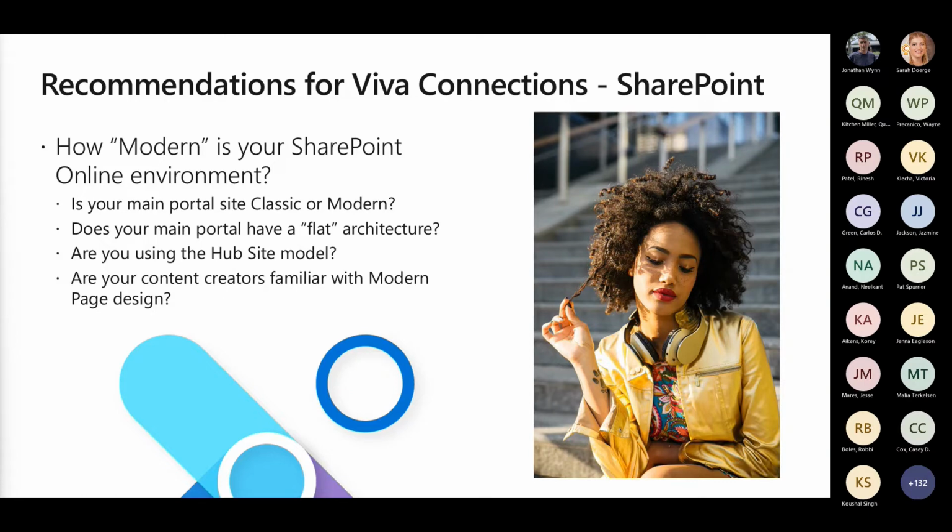What type of template are we using? That is going to be really important because Viva Connections is going to require everything from the Viva Connections site collection to be modern. So we really want to make sure that we're understanding where we're at from a tenant side, and from the page side as well, with classic or modern types of pages.